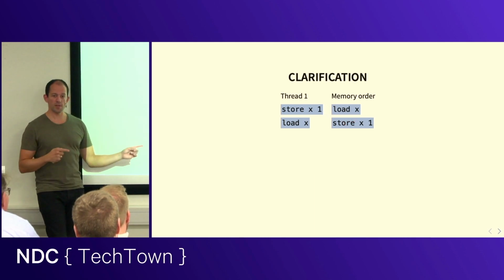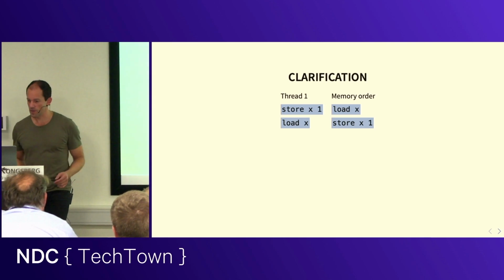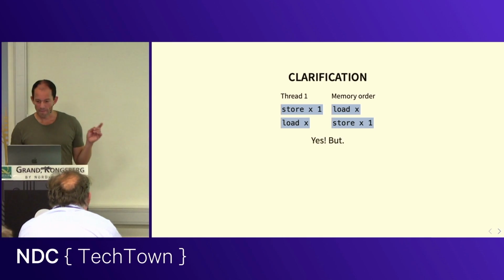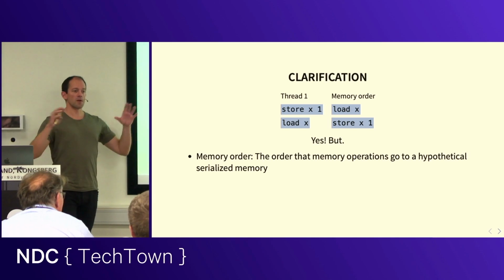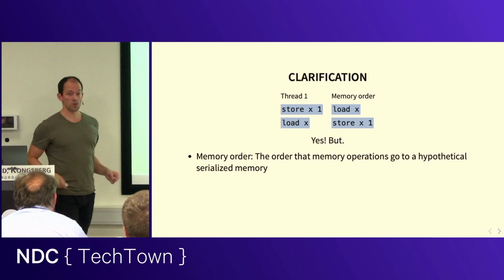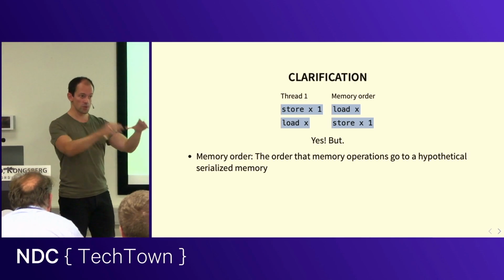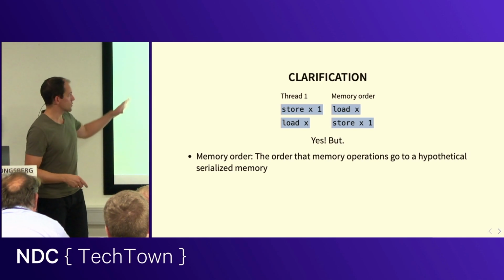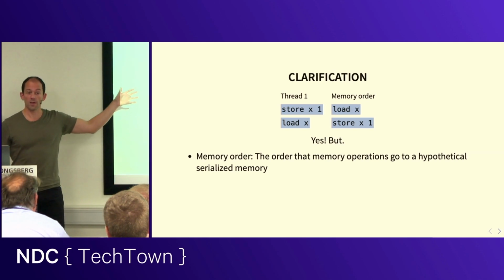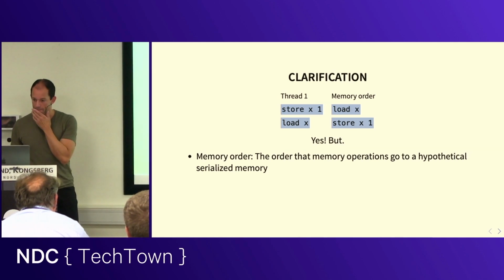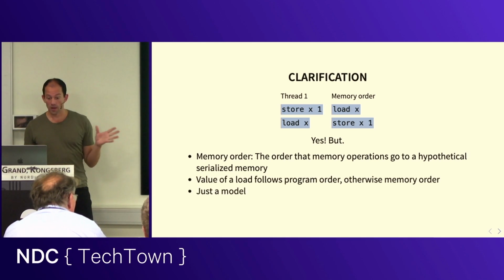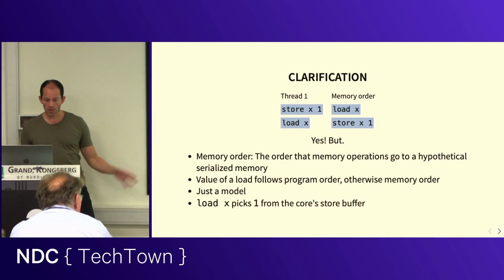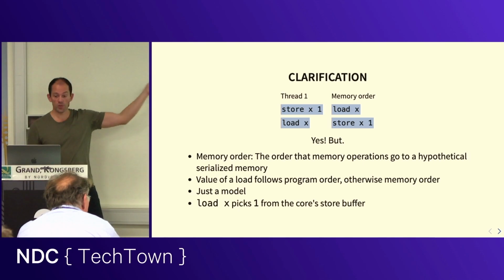But remember I said it, and then you can think about it later, and then it makes sense. Memory order is only about imagining the memory as a single thing that everyone has to talk to. Which order do things go to that memory thing? It doesn't say necessarily the value of the things inside of the core. So the value of a load follows program order, otherwise memory order, and it's just a model. So load X will then just pick the one from the store buffer on thread 1, or in core 1.